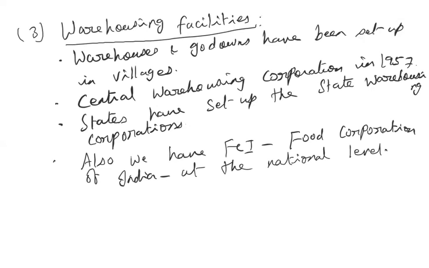Okay, most of these warehousing facilities even have cold storage facilities. And if you are reading your textbook, you will come across a term, because there are two types of storage. One type of storage is covered godowns.